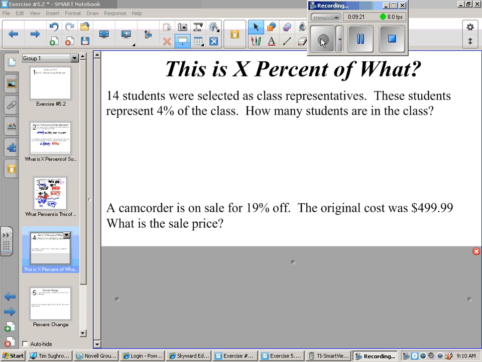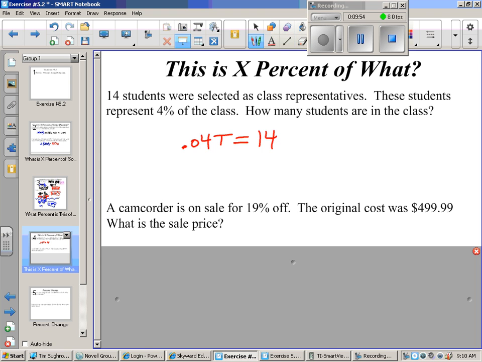One key thing to know about percents is we always take the percent of a total to get a part. So when we look at this particular problem, we're going to say 4%. And 4%, how do I write that as a decimal? 0.04. And if we wanted, we could write 4 over 100. If you'd rather use fractions, you certainly can do that. But I'm going to say 0.04 of the total students in the class will equal the 14 students.